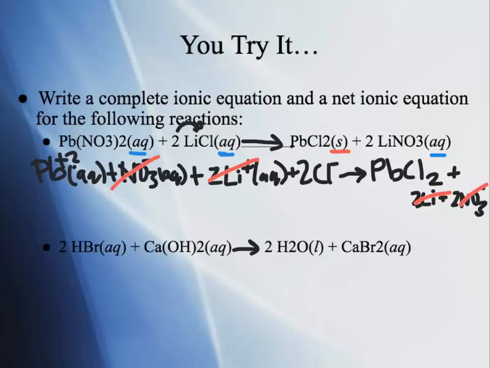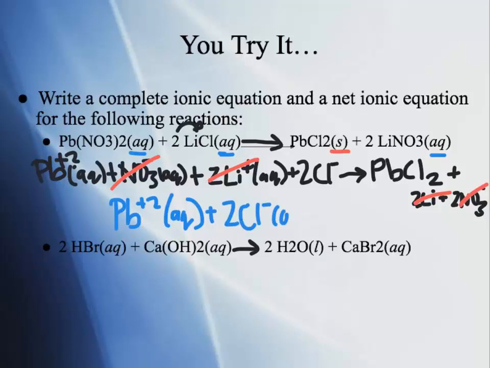And so what we're left with, if we cross all of those guys out, is Pb aqueous, plus 2 chlorine ions react to form PbCl2, that is a solid. And there you go.